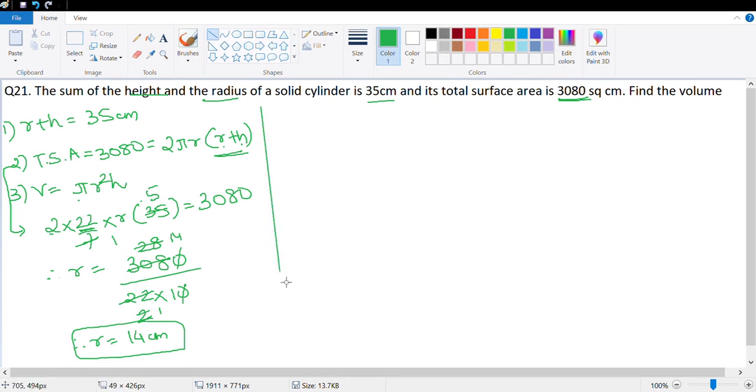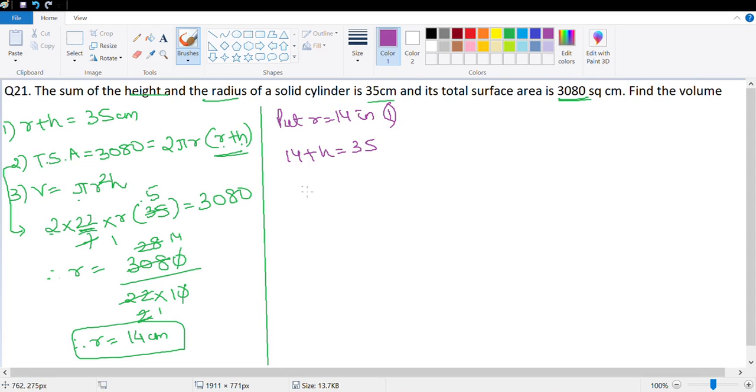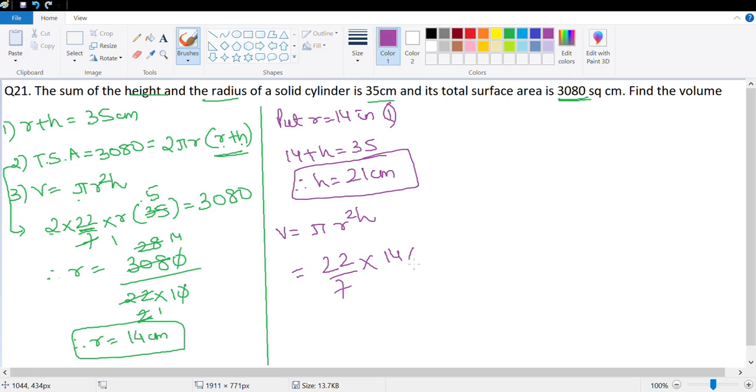Now that we've calculated r, h should also be easy to calculate. Put r is equal to 14 in step 1, and what we get is 14 plus h is equal to 35. Therefore, h is equal to 21 centimeter. Right, we've got this value. Now we want to find the volume, which is pi r square h. Now this is simple, we just have to do the calculation. r was 14 into h is 21.